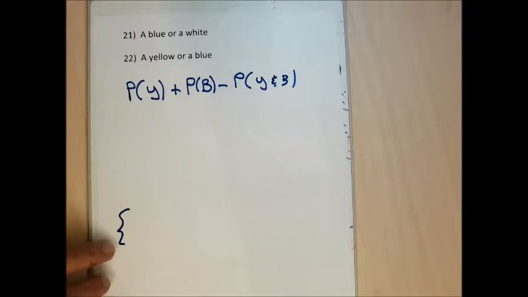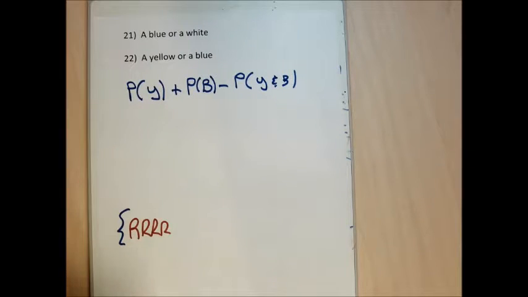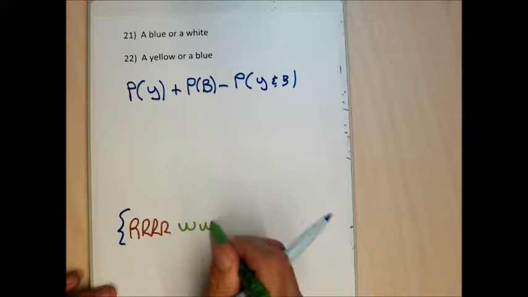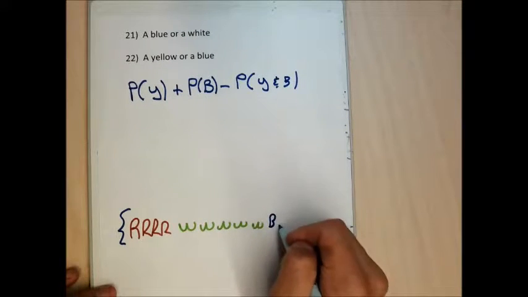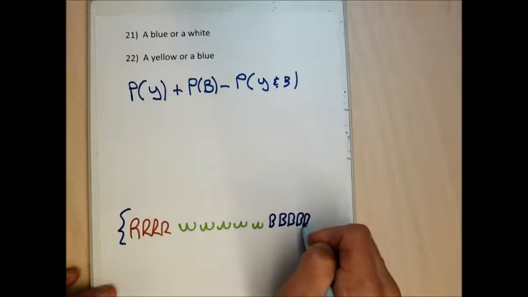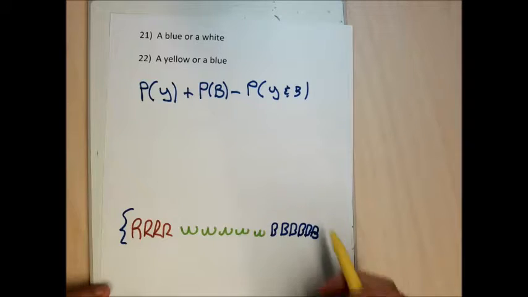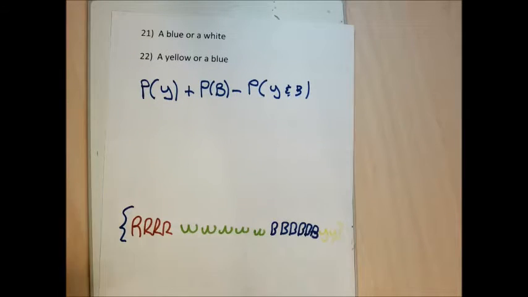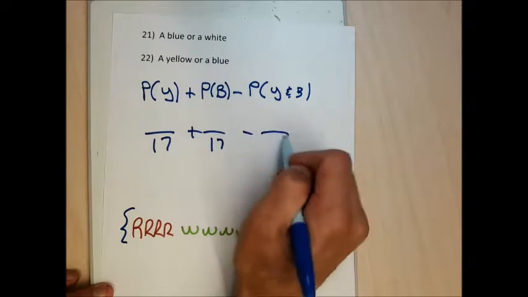There were 4 reds, 5 whites, 6 blues, and 2 yellows. So my denominators were 17 for each of the fractions because there's 17 marbles in this bag.